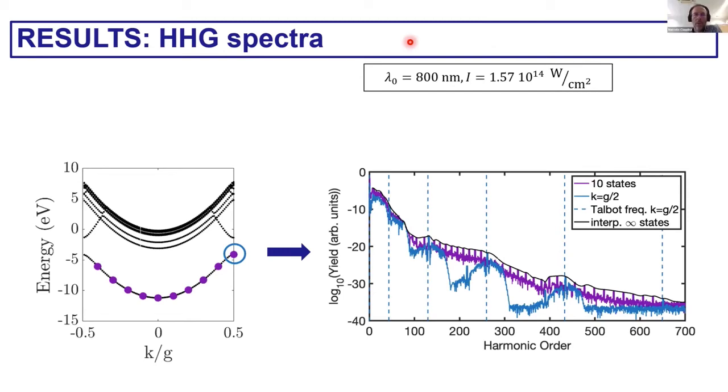Maybe I can ask one also. What do you expect if you do a 2D simulation, for example? What do you expect to see if you do a 2D grid? I mean, the spectrum. So you expect to see something similar?